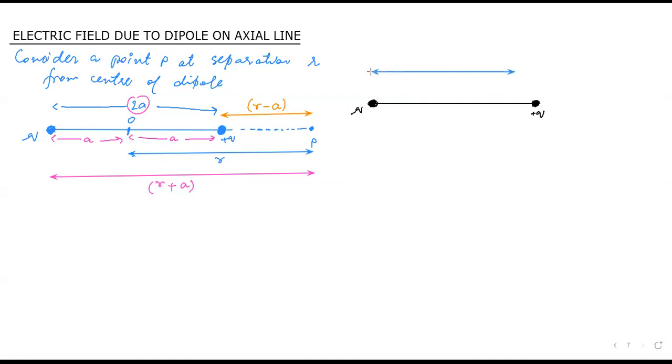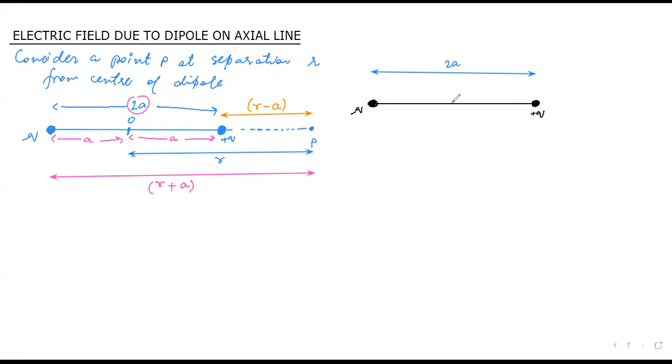The separation between them is 2A. Are you understanding it till here? All of you are clear or not till here? We have taken 2A separation between these two charges.